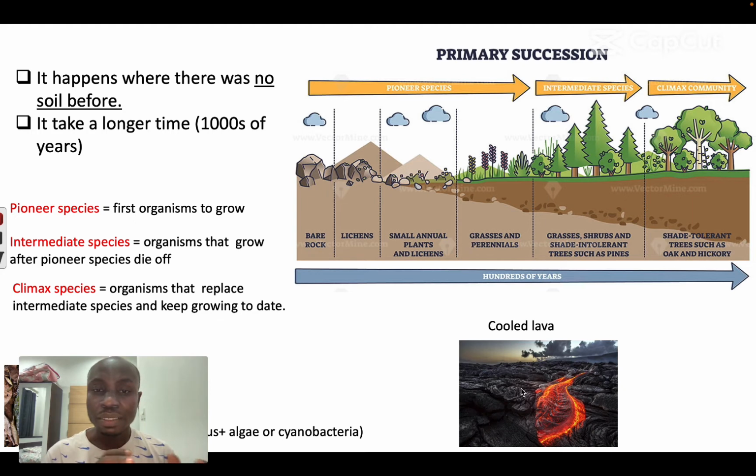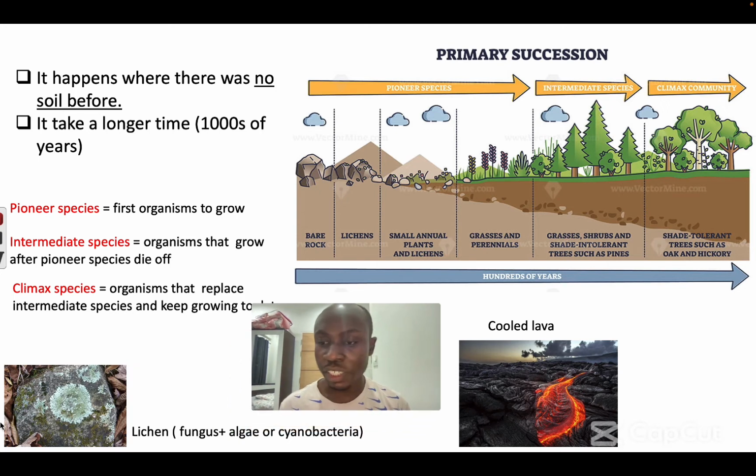So some of the first organisms which can grow here are lichens, and this is a picture of a lichen on a rock. Some of the lichens can grow on rocks. They do not need soil because they can absorb nutrients and water from the air. The lichens can grow on the rocks and release chemicals onto the rock.